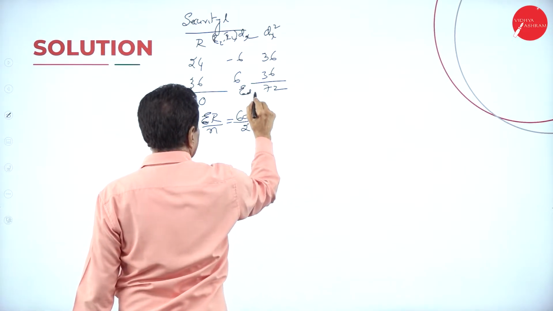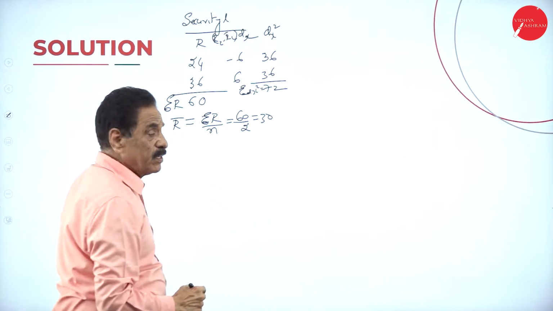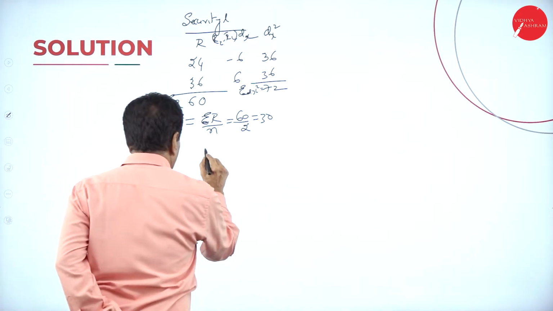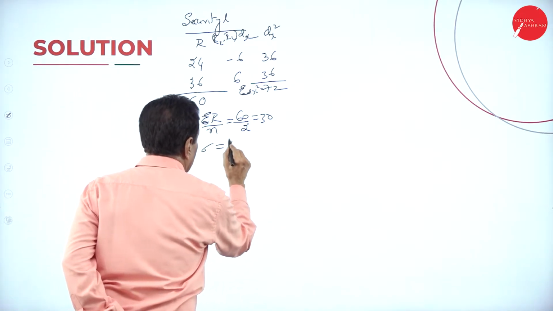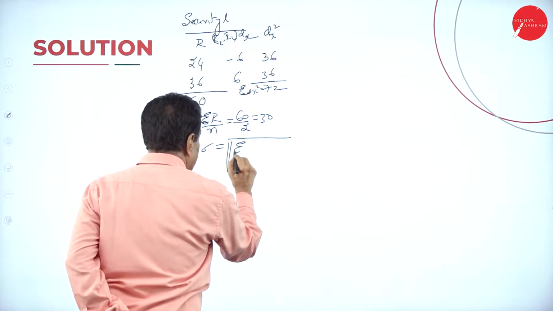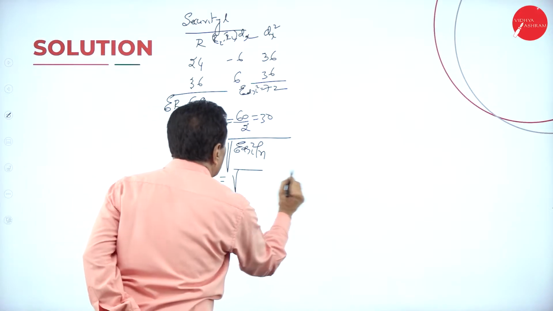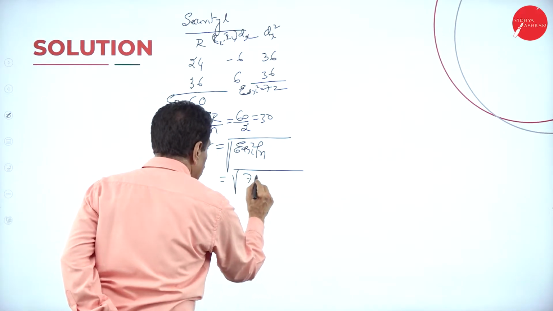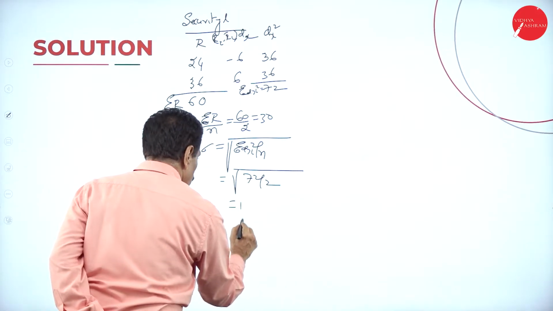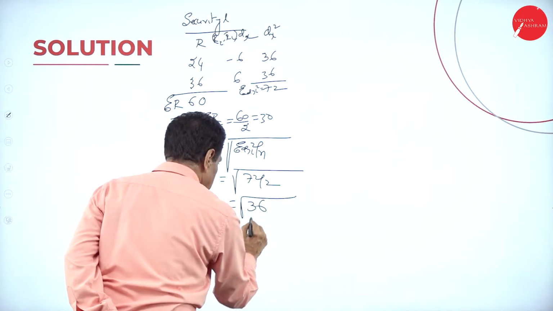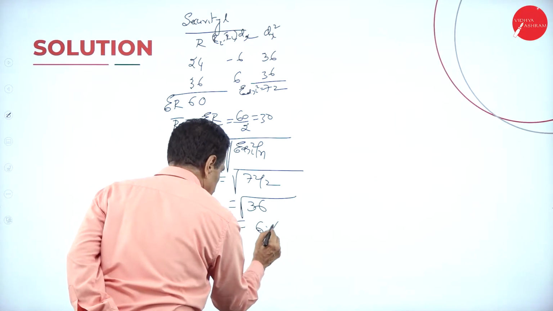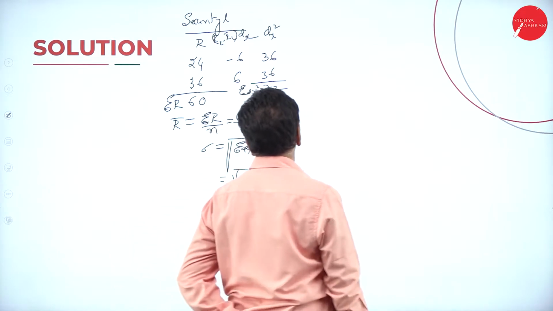Sigma dx square is 72. Apply here: standard deviation is equal to root of sigma dx square divided by n, root of 72 divided by 2, root of 36. It is 6%. This goes in favor of L.